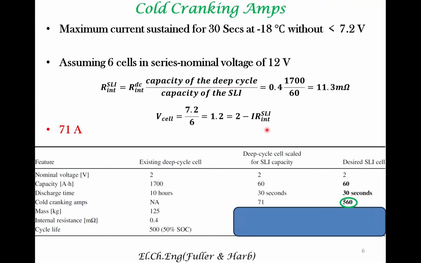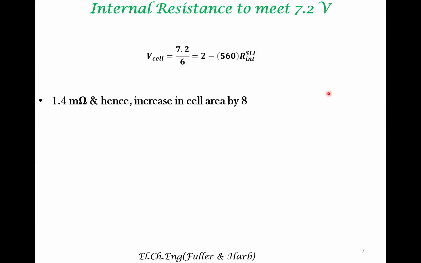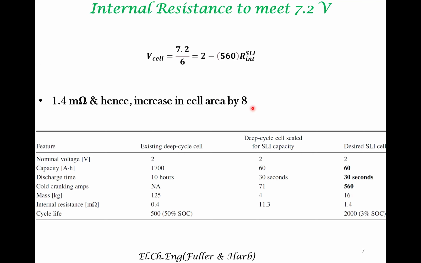We had already computed this, so the resistance has to be decreased. One way to decrease the resistance is to increase the cell area by 8 times. Okay, so this would decrease the resistance by increasing the cross-sectional area. So all the desired specification has been achieved.